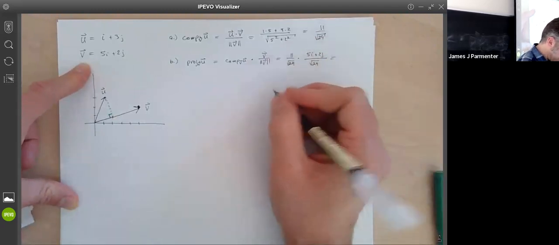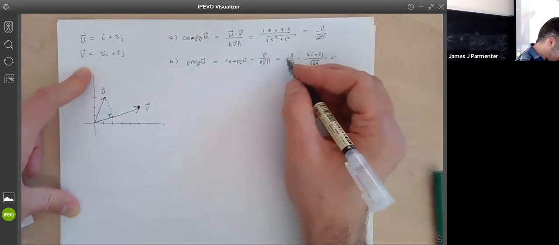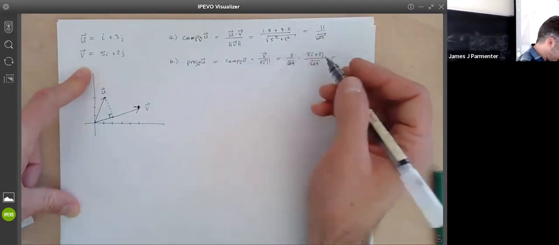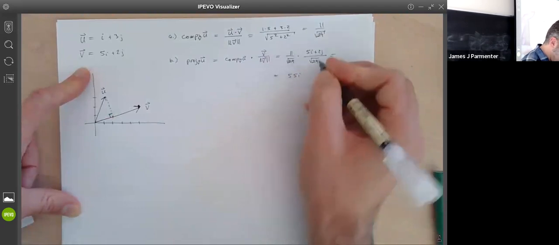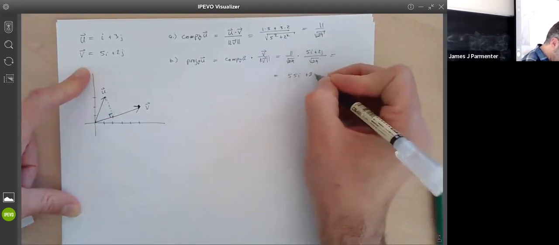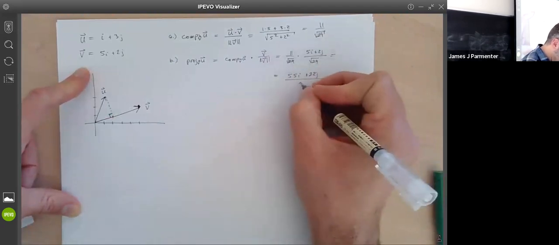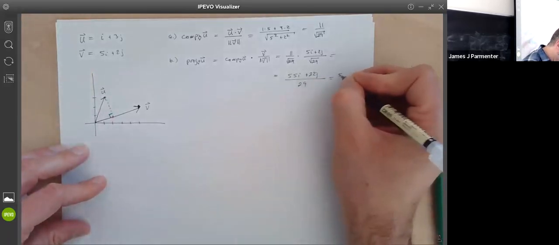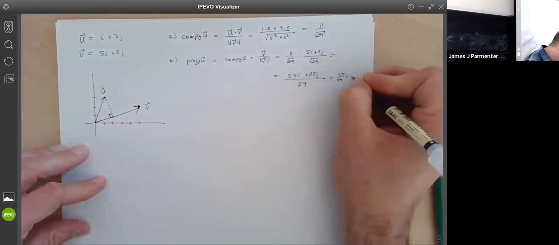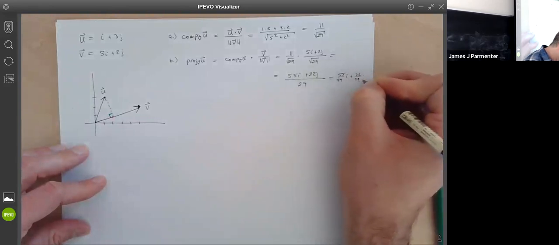And then simplify a little bit. I guess I would distribute the 11. 11 times 5 is 55i, 11 times 2 is 22j, over 29. Or writing it as components, 55/29 i plus 22/29 j.